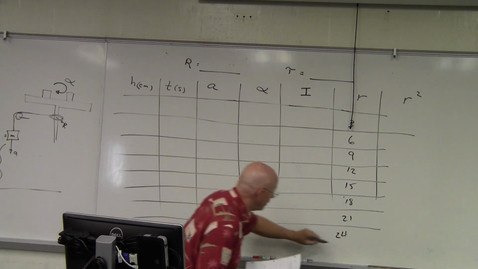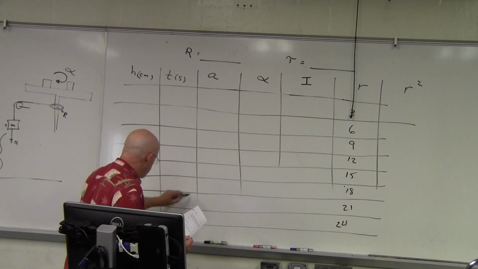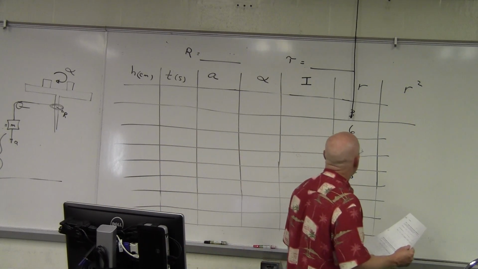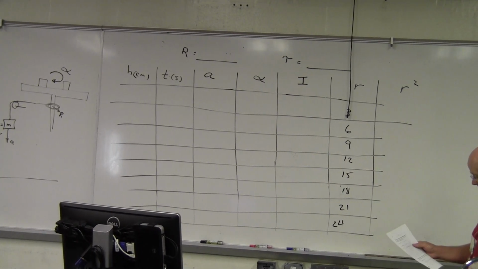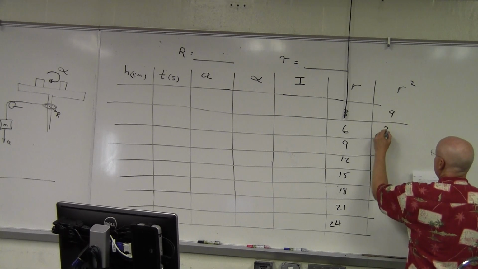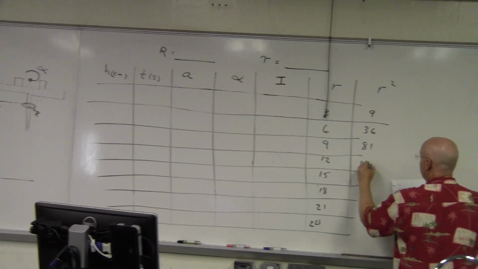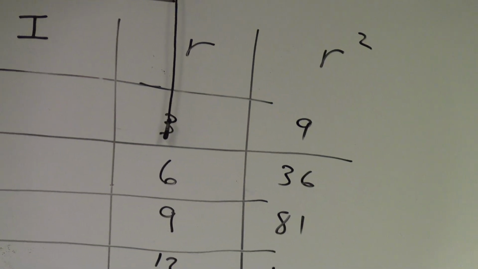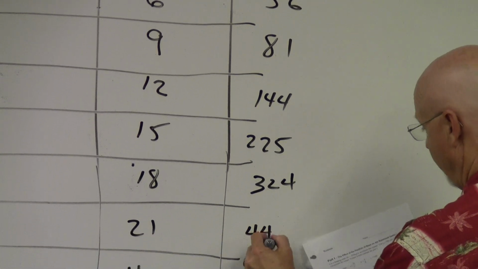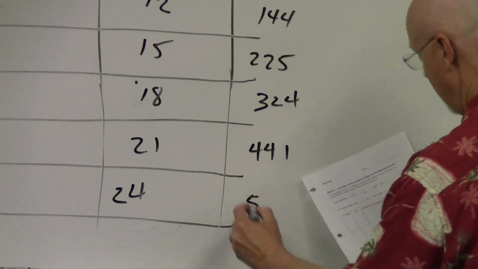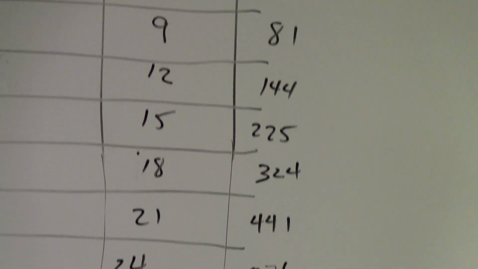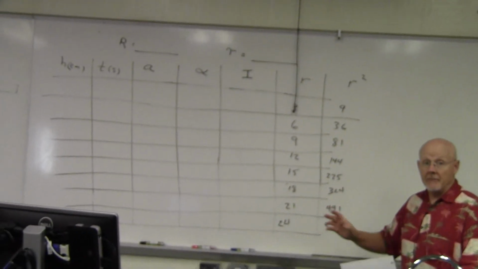Well, that's why I was saying earlier, be careful not to confuse in this discussion the capital R with the lowercase r. Maybe I'll put in the squares also. 9, 36, 81, 144, 225, and I guess I don't know what 18 squared is. Looks like it's 324, 441, and 576.